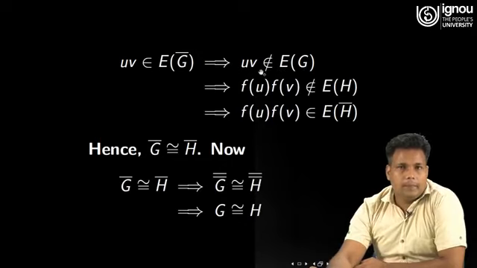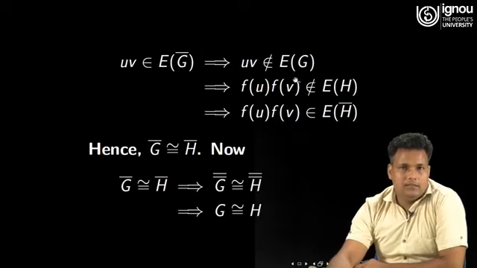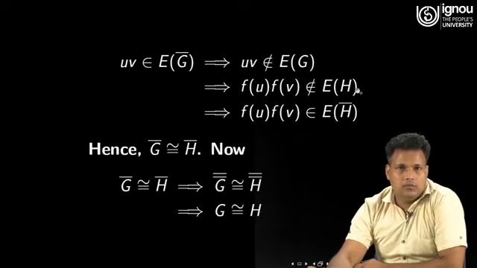And you know that if any edge is missing in G and G is isomorphic to H, then its image under F cannot be present in H as well, right?